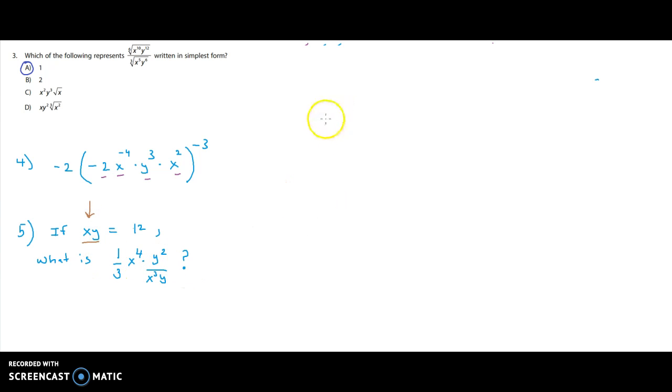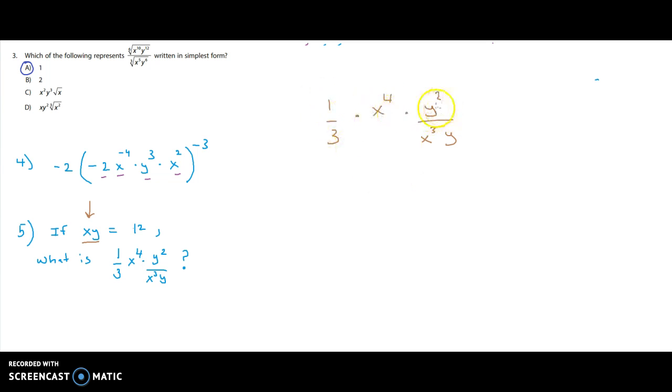So let's just see what happens. I'm going to write it out here. So we have 1/3, I'll deal with that in a moment, times x to the 4th times y squared divided by x cubed y. Let's just deal with the variables first. We'll come back to the 1/3 in a minute.